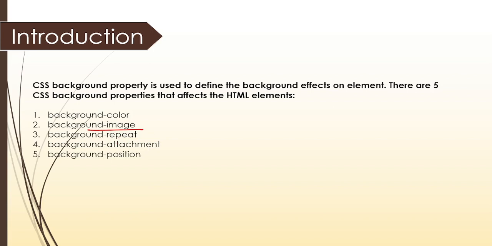It is used to set an image as the background of an element, and by default the image covers the entire element. For example, here I have used background color brown, and if I want to use a background image of some mountains or some beautiful scenery, you can use background image here, right?